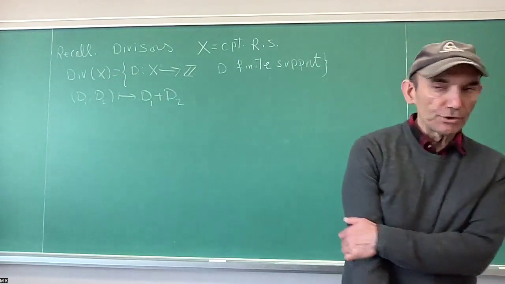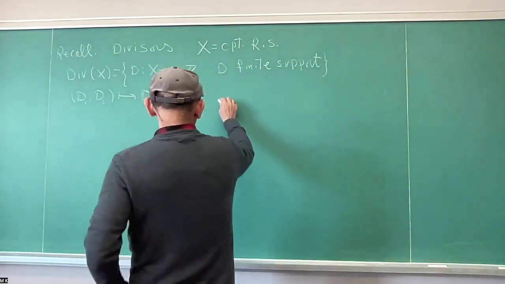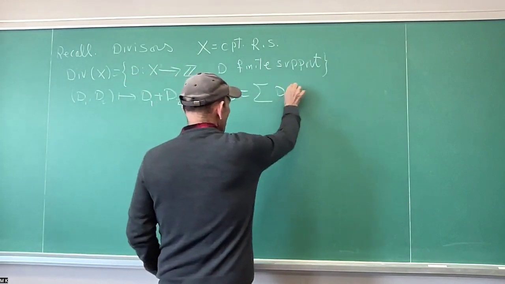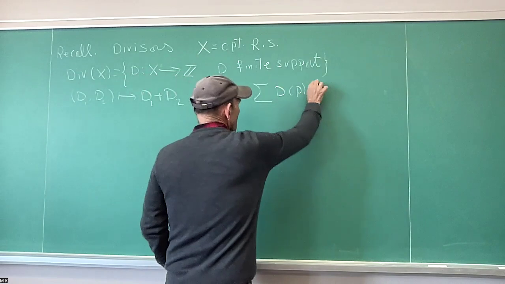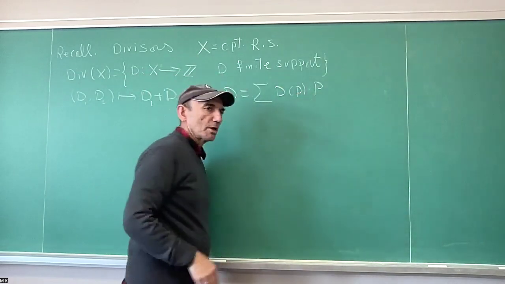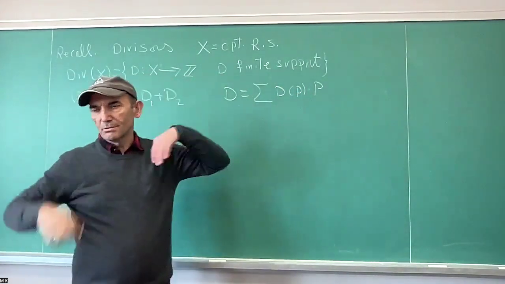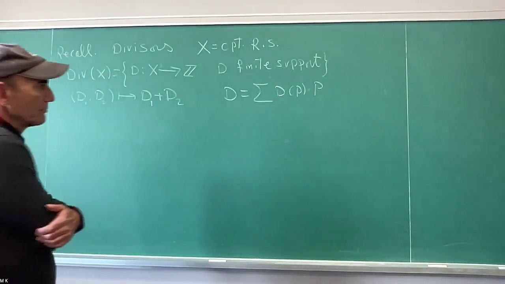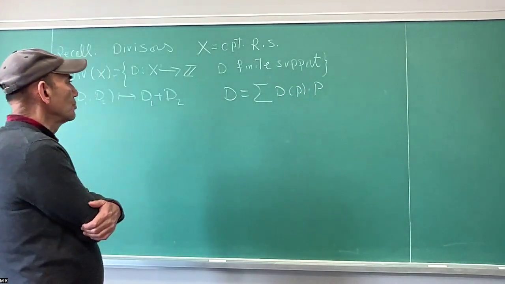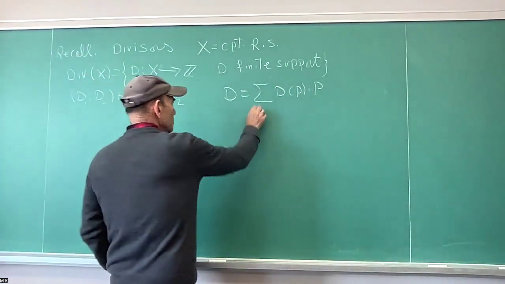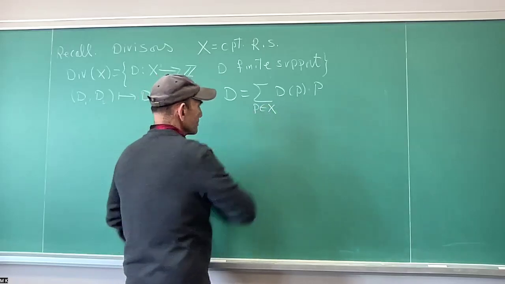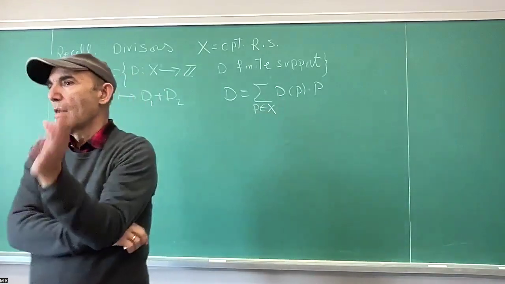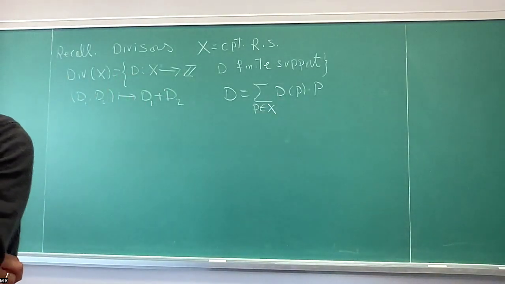The notation that we used for divisors was D equal to the sum of D(P) times P. Sometimes I may not even put the dot, because these P's are just basis elements for this free abelian group of divisors, and just write P belonging to X. This is a finite sum because D is 0 on everything except a finite number of points.